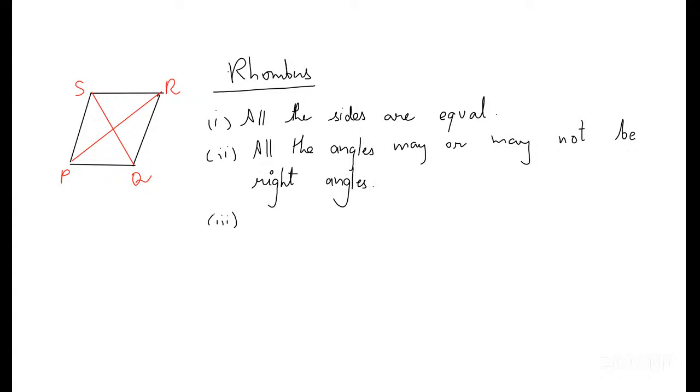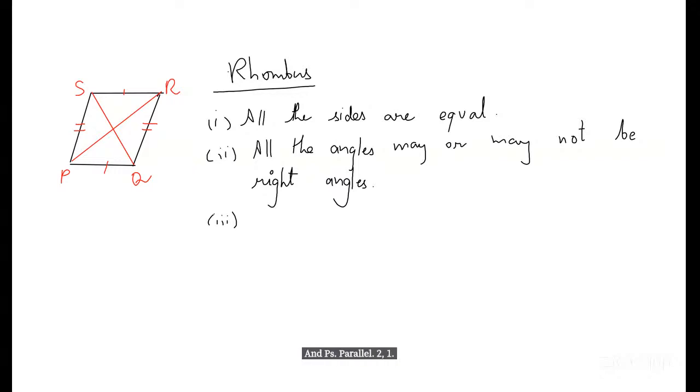Then opposite sides of a rhombus are also parallel. This side will be parallel to this side. PQ is parallel to SR and PS is parallel to QR.